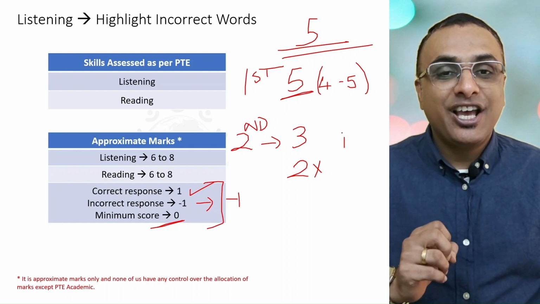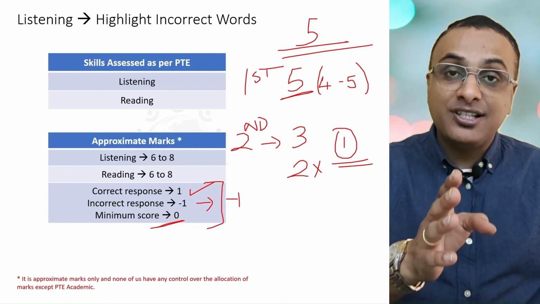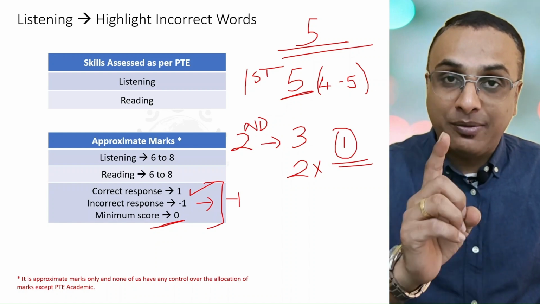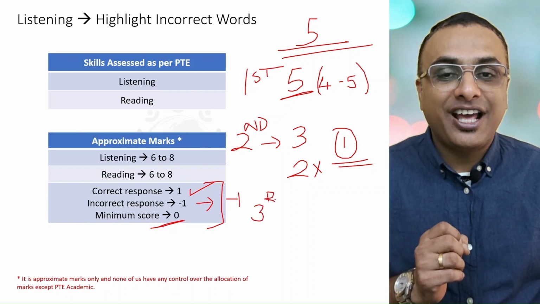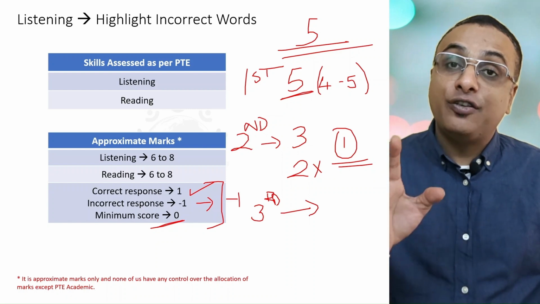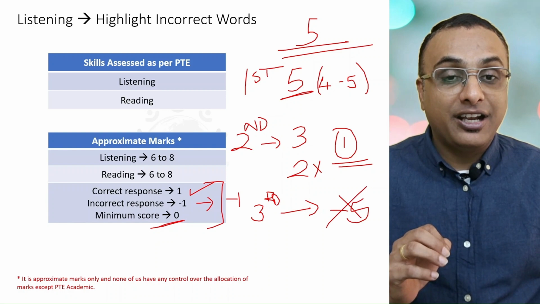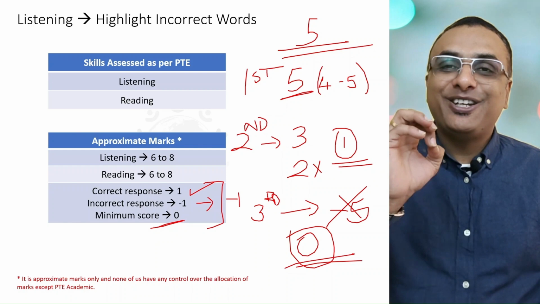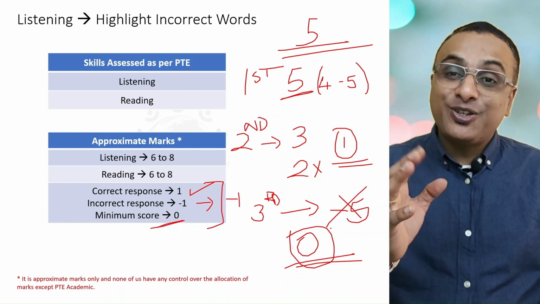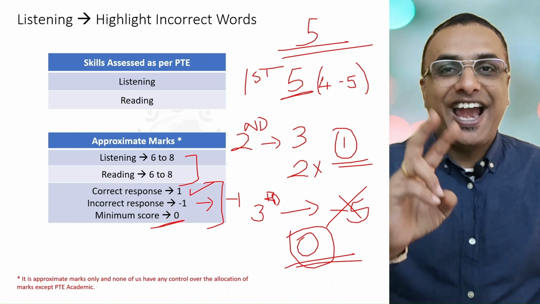In this case, you will just end up getting 1 mark, because 3 correct responses and 2 mistakes will yield just 1 mark since you have negative marking for this question. In the third scenario, what if you make 5 mistakes overall? Then you will not end up getting negative marks. You will just end up getting a big 0 for this question. Now, you can score easily 6 to 8 marks by having good listening skills and fast reading skills.